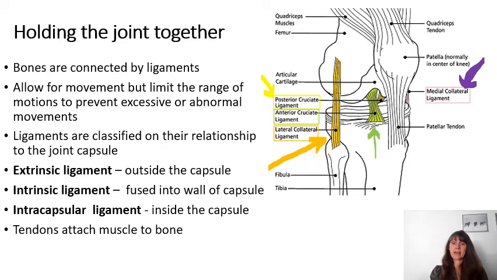Both the medial and lateral collateral ligaments are extrinsic ligaments. They're outside the joint capsule. The lateral collateral ligament, by the way, is sometimes referred to as the fibular collateral ligament. Okay, so we have the tibial collateral ligament medially and the fibular collateral ligament laterally.